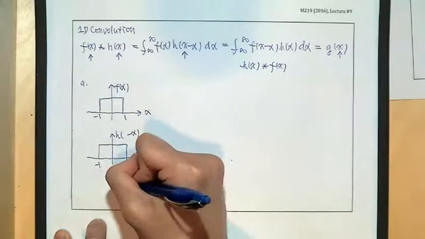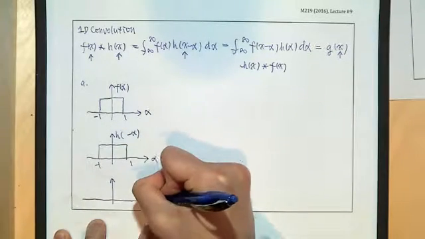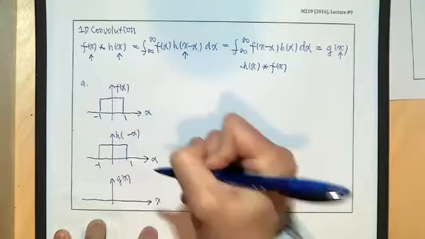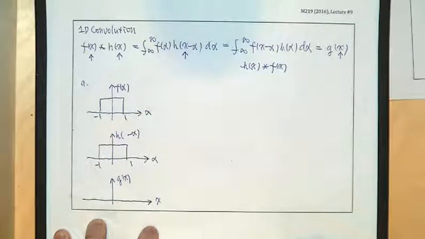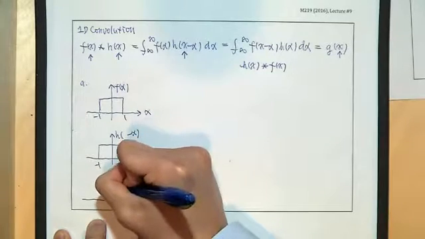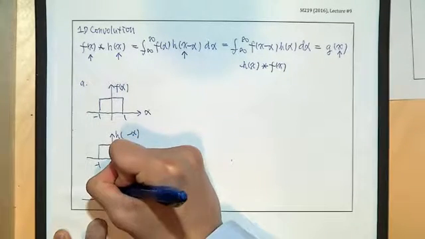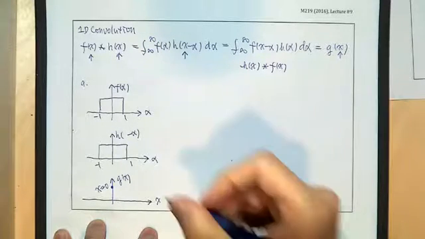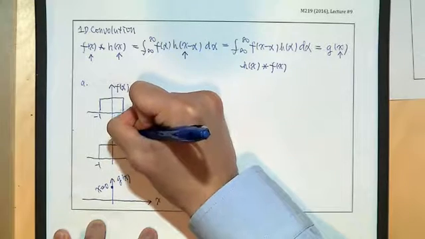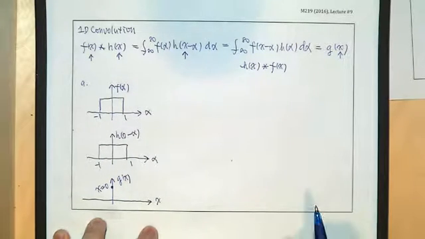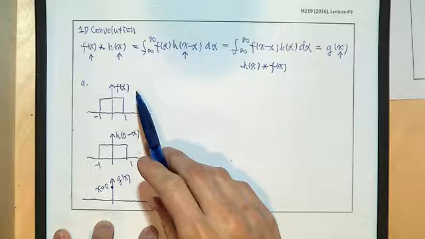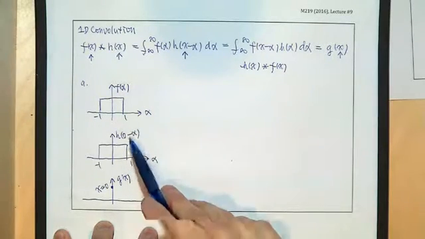The output is g of x. So let's say we want to look at g of x at x equal to 0. What does that mean? Well, going back to our plots of f and h, we have to plug in x for where the integral wants it to be. So basically we have f of alpha and h of 0 minus alpha.